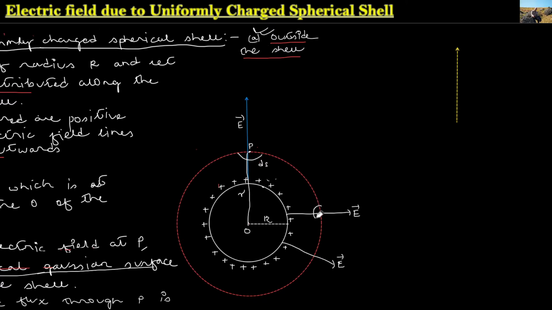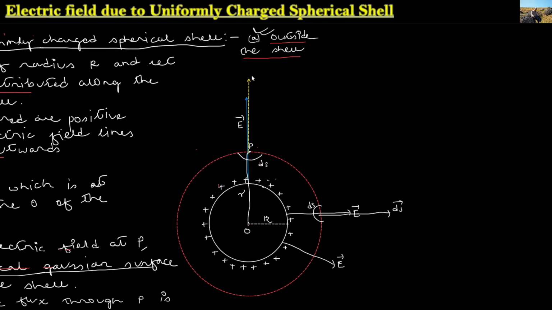Say, for instance, if this is our ds area element, then the area element vector perpendicular to ds will be this vector acting in this direction. So this will be our ds bar. In the same case also, we will take another vector, this yellow dotted vector, and this ds bar, and this vector will be pointing in the same direction.